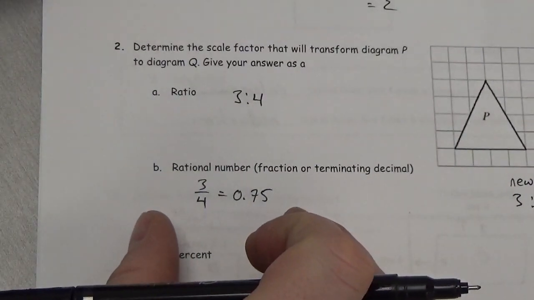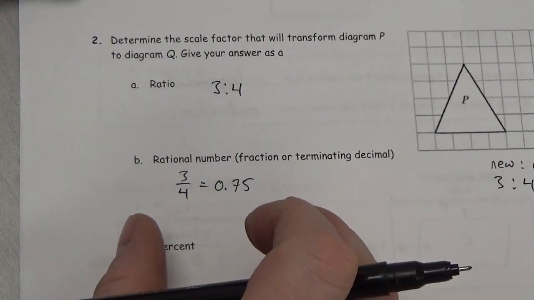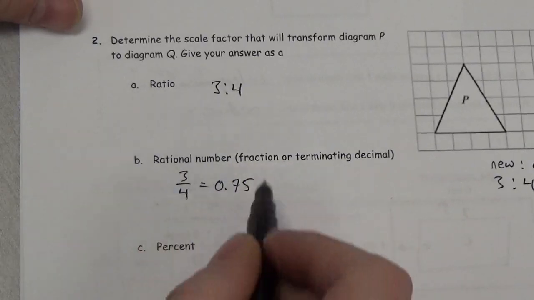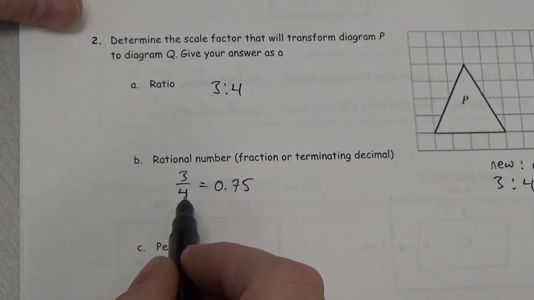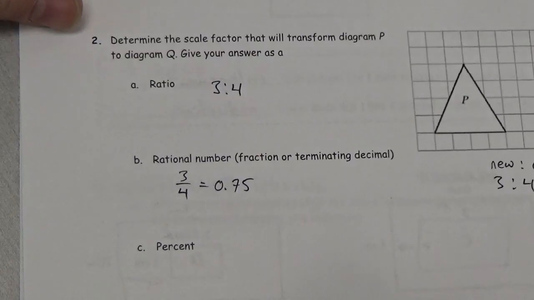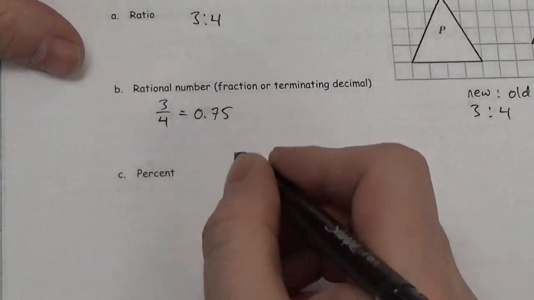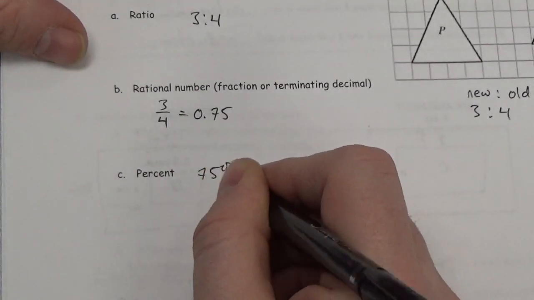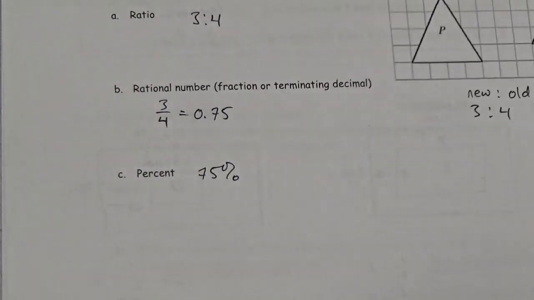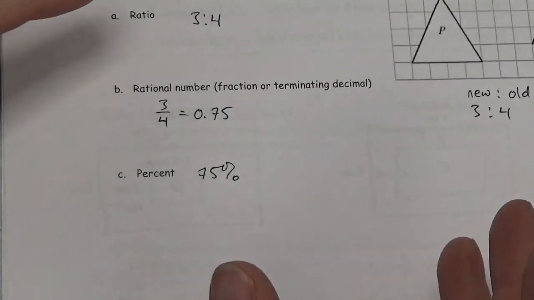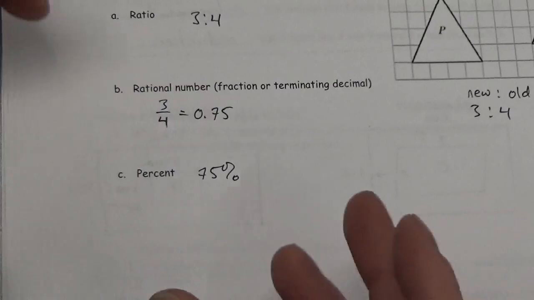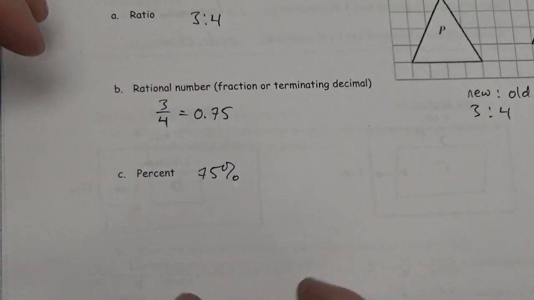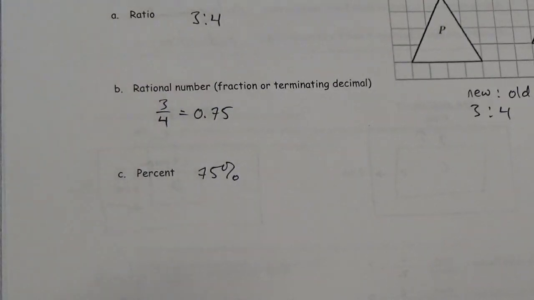But if all I've got is the scale factor, or the proportion, because I know that this is less than 1, I know this is a reduction. And then I can convert that 0.75 into a percent by simply multiplying by 100 to get 75%. So the new triangle is 75% the length and width of the original.